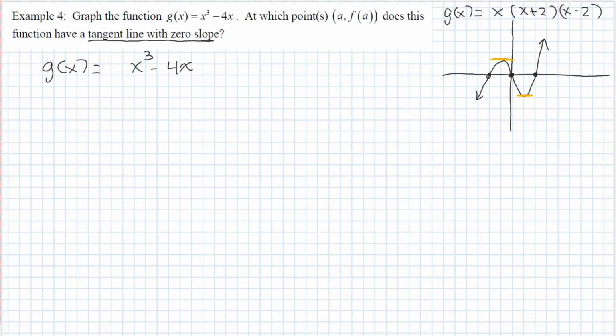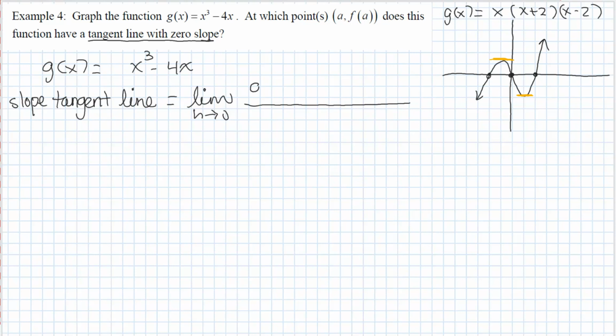That's the limit definition of the slope of the tangent line. Based on previous video lessons, you say slope of the tangent line is limit as h goes to 0 of g of x plus h minus g of x, all divided by h.